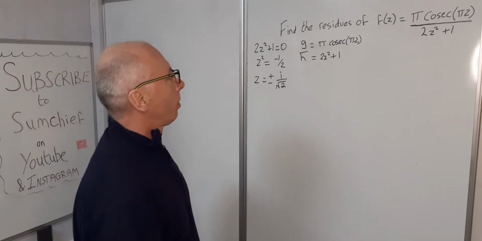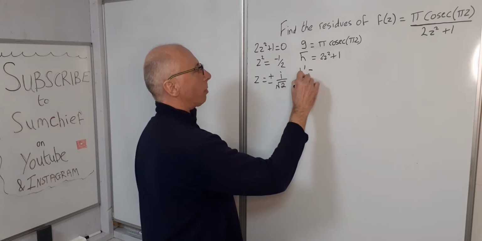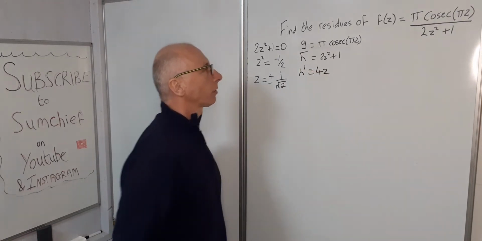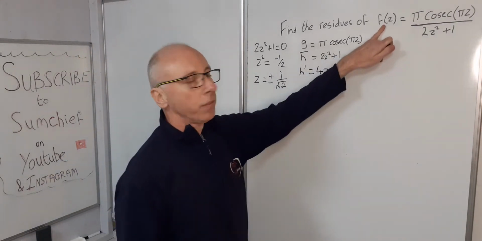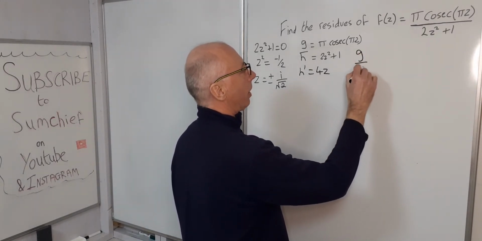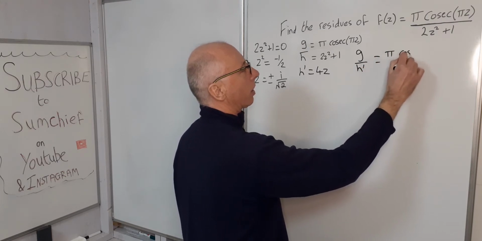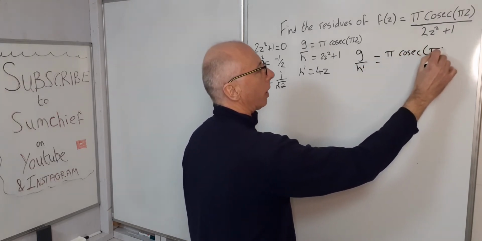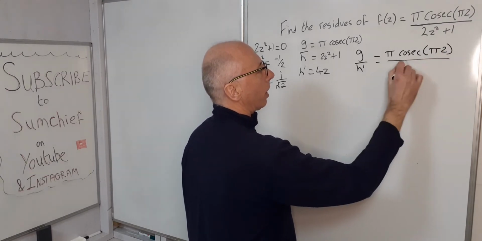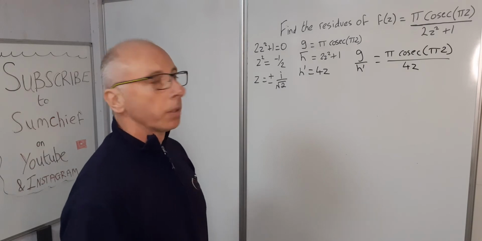So now we're okay to go ahead and differentiate h. So h prime is just 4z. Now we set up f of z in the form of g over h prime, which is pi cosec pi z over 4z. So now we're all set up, ready to go.